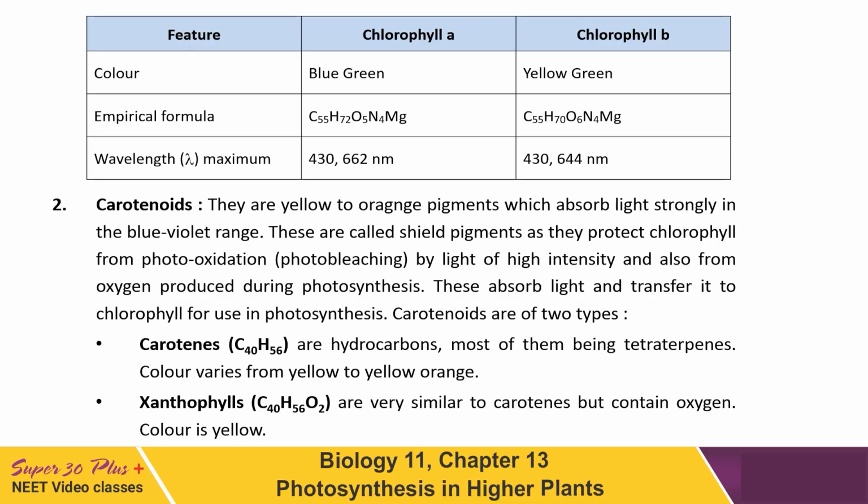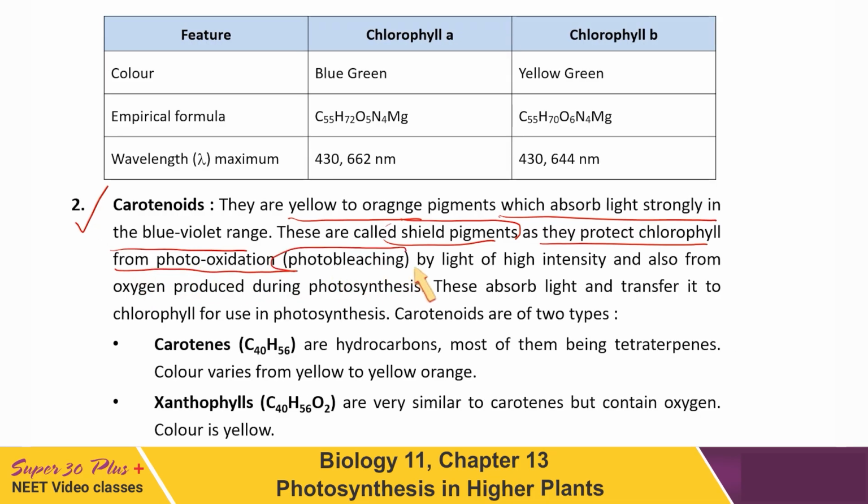Now you see here, the carotenoids. These are yellow to orange pigments which absorb light strongly in the blue-violet region. These are known as shield pigments because they protect the chlorophyll from photooxidation or photobleaching, when light is of high intensity, and also from the oxygen produced during photosynthesis.